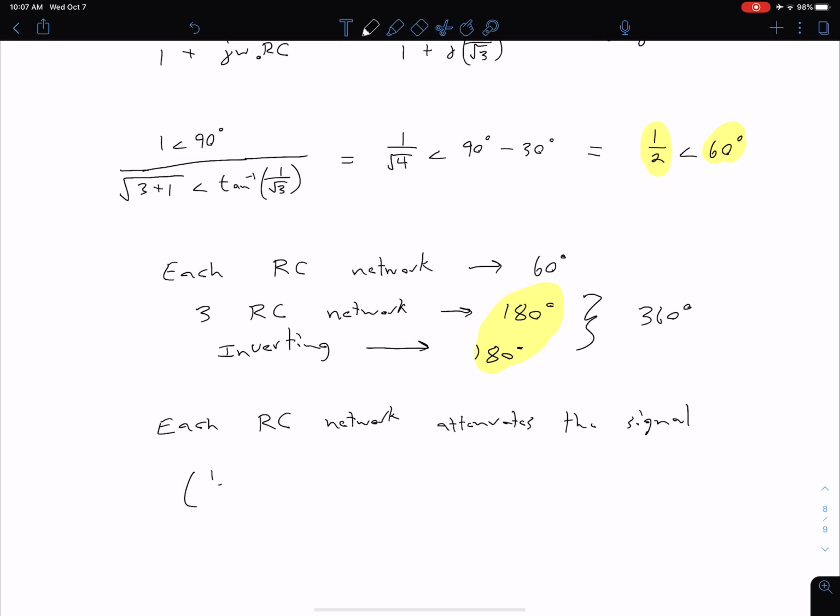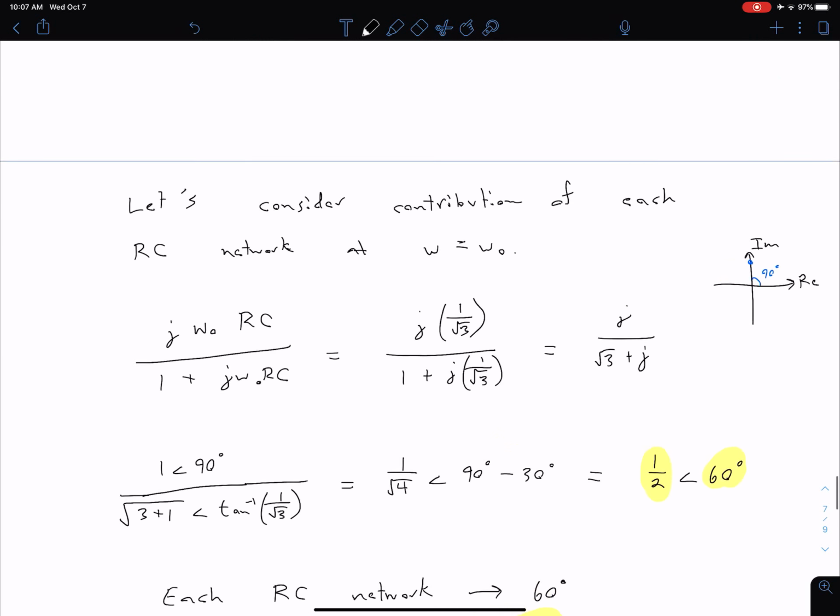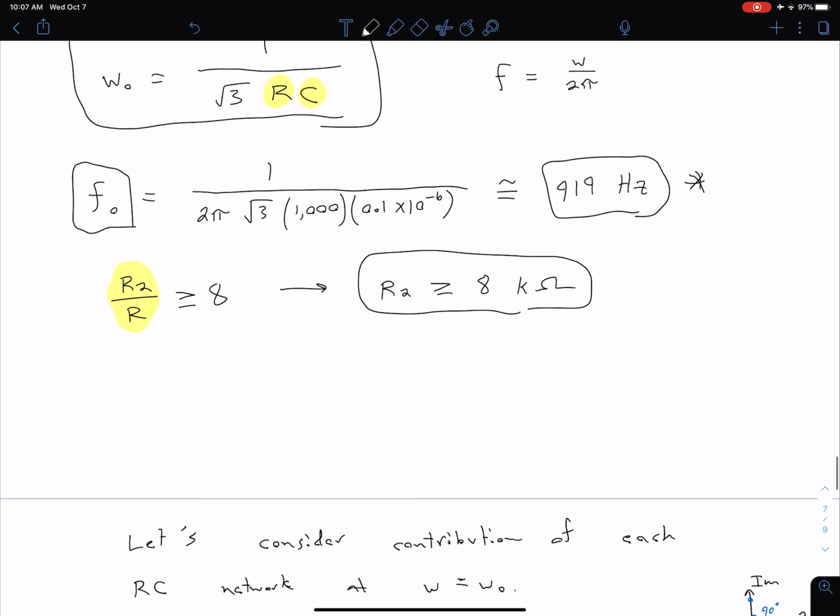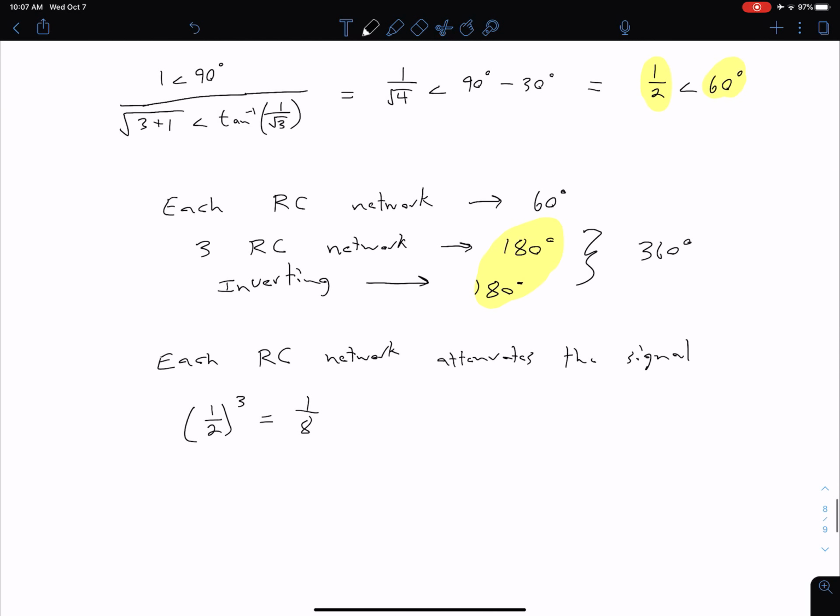Of course, if we have 3 of them, we have 1/2 cubed, which is just 1/8. And this is where that ratio of R2 over R being greater than 8 comes from. Essentially, this inverting amplifier has to overcome the decrease introduced by our 3 RC networks. If we're able to overcome that, then we see oscillation. If not, then we won't.